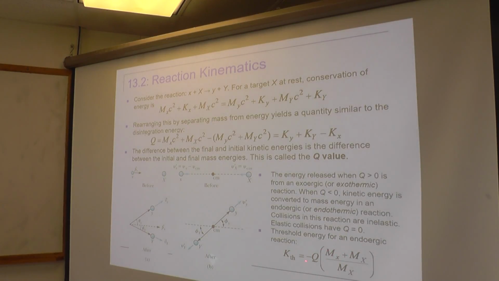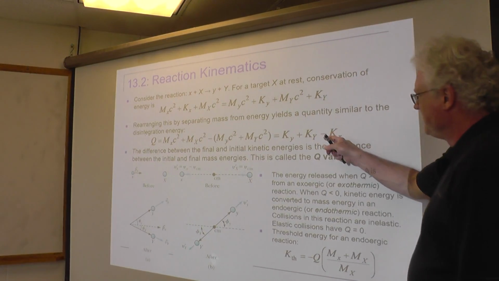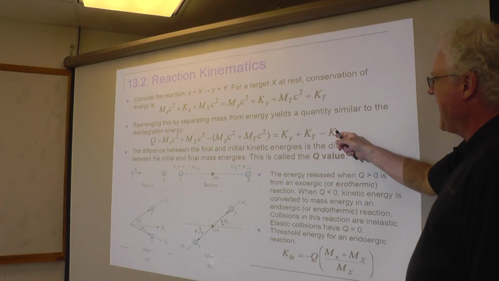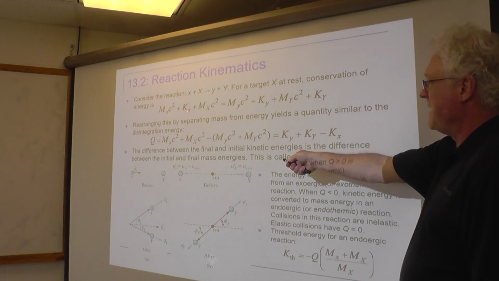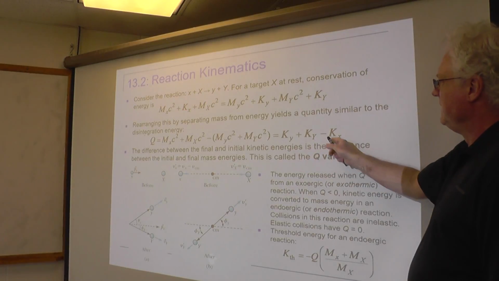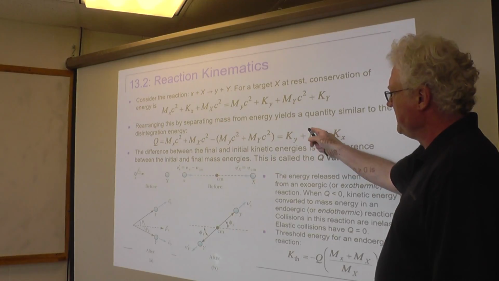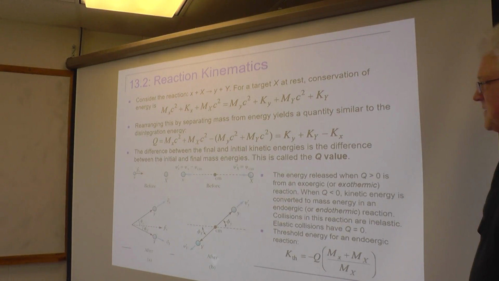And so the idea then is that in the case of an endothermic or endoergic reaction, there's going to be some absolute minimum energy required for your bombarding particle coming in, which is going to correspond to the case when these two guys are exactly, presumably, equal to 0.